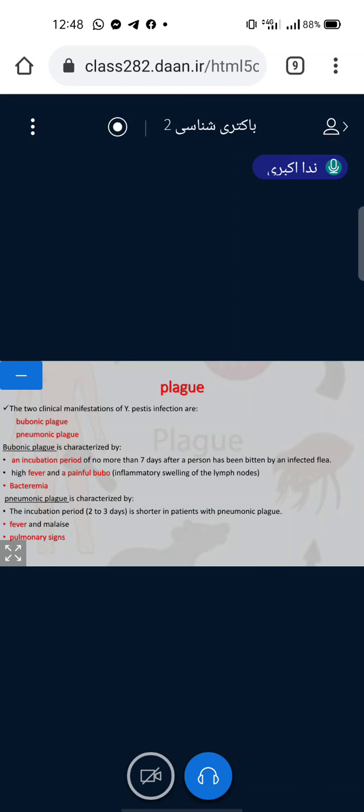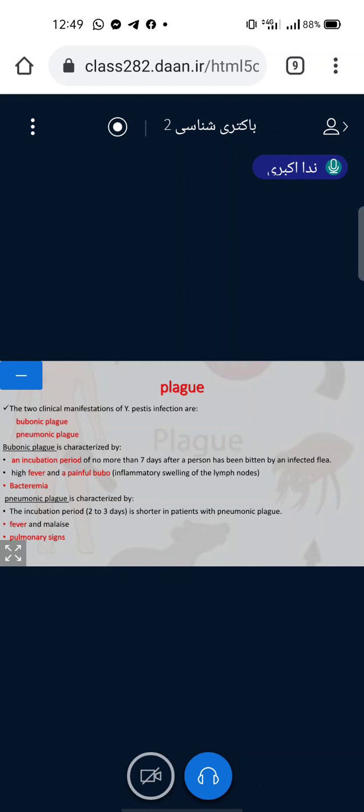Seven days after a person has been bitten by an infected flea, patients have a high fever and a painful bubo. Painful bubo, what does it mean? Inflammatory swelling of the lymph nodes. Bacteria develop rapidly, and if patients are not treated, the rate of mortality is high, 75%.